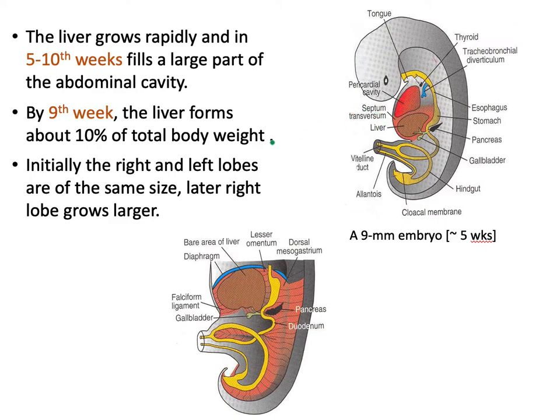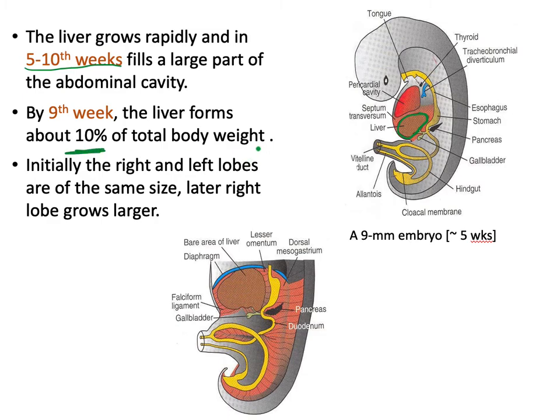Now, with further development, the liver grows rapidly in the period between the 5th and 10th weeks, and it fills a large part of the abdominal cavity. By the 9th week, the liver forms around 10% of total body weight.